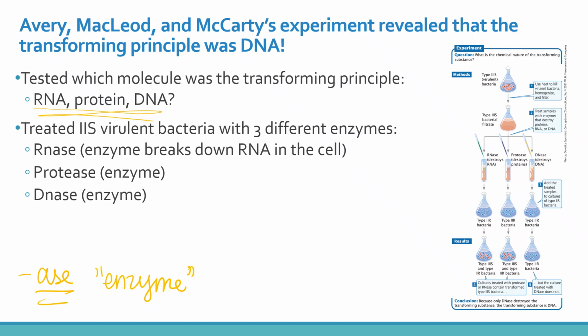It does this by cutting up DNA. So RNase breaks down RNA, protease breaks down protein, DNase breaks down DNA. And so they wanted to see what would happen when they inoculated mice with each of these treated samples.